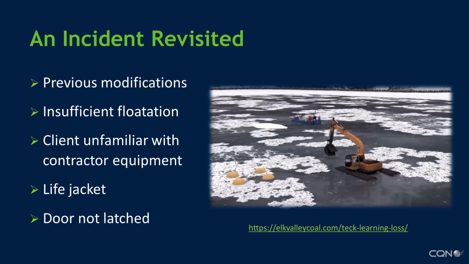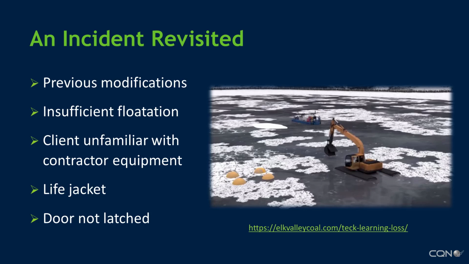The client was very unfamiliar with the safe operation of the contractor's equipment, lacking the internal knowledge or experience to know if it was operated within limits. The operator was equipped with a hydrostatic life jacket, similar to what you would wear paddling a canoe.